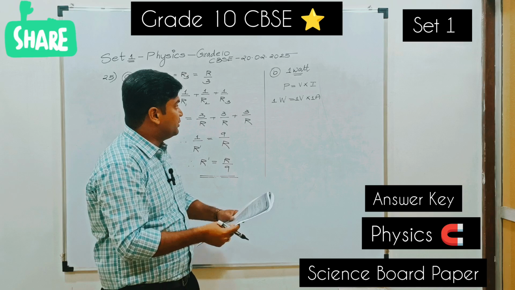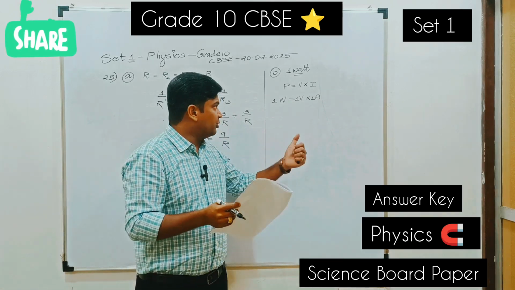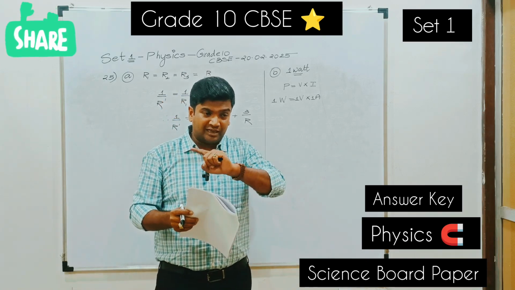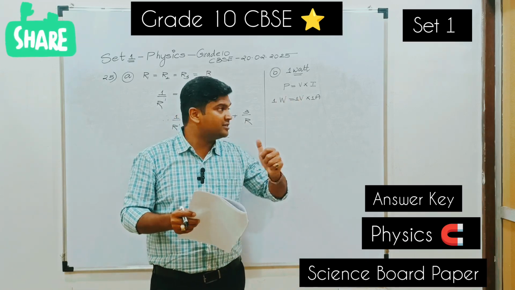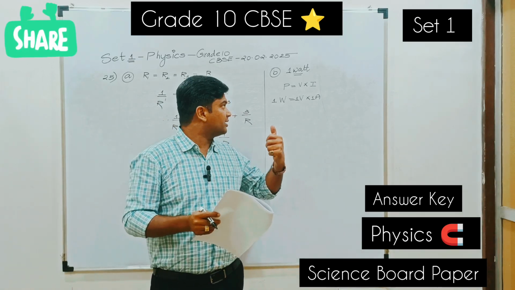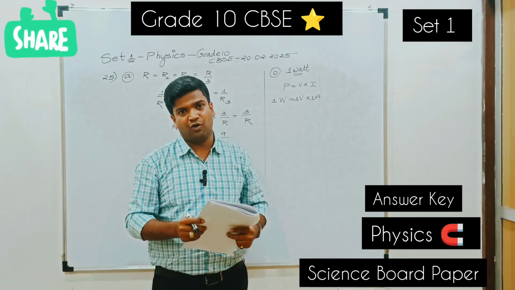Simple. So how will you define this? So inside in a circuit, if the potential difference across the terminals is 1 volt, and if the current through that circuit is supposed to be 1 ampere, then the power done or power dissipated will be 1 watt.